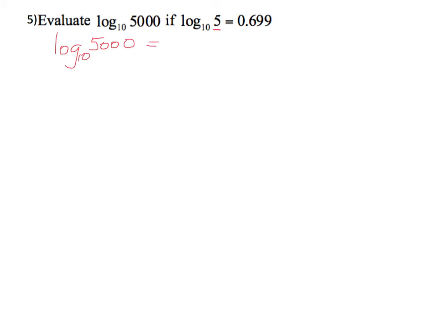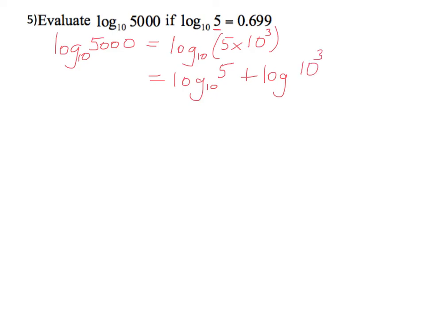Can you see how 5 times 1,000 is 5,000? And we can rewrite 1,000 as 10 cubed. Isn't that handy? 5 times 10 cubed is 5,000. And then you can see, using the first log law, that's the same as log of 5 base 10 plus the log of 10 cubed base 10.